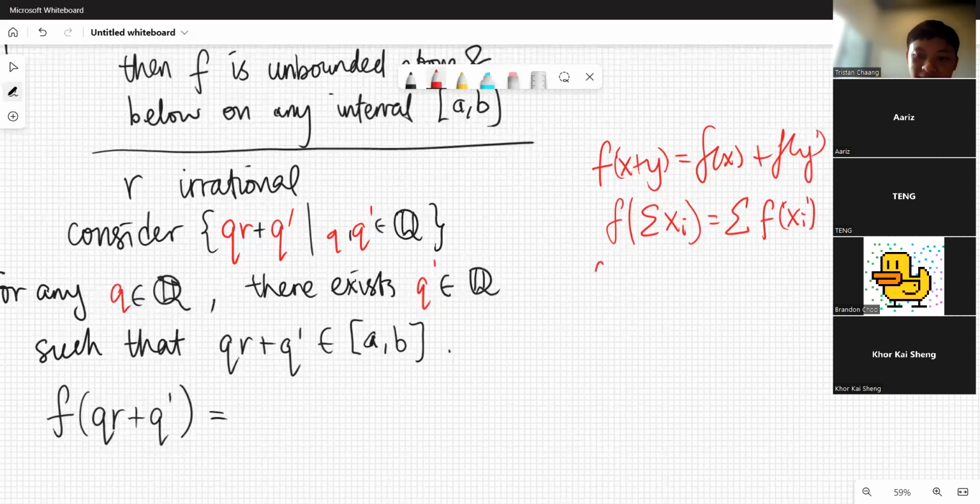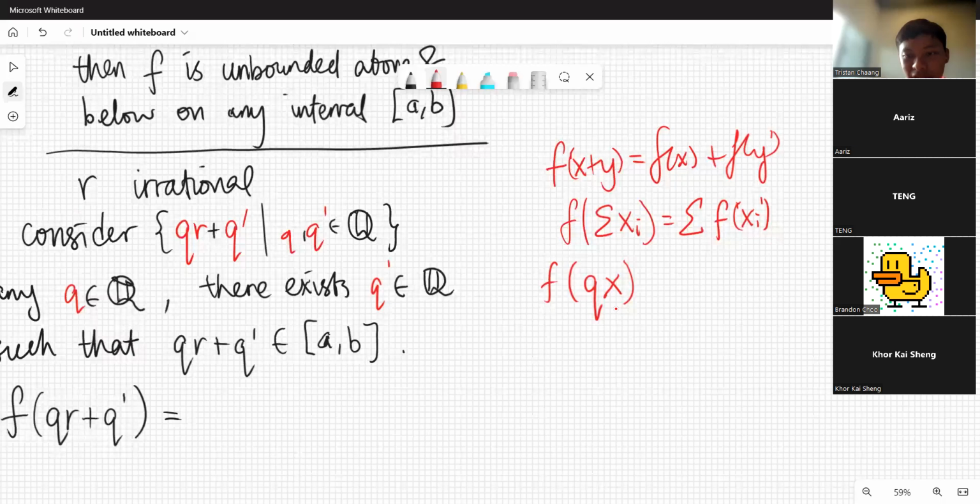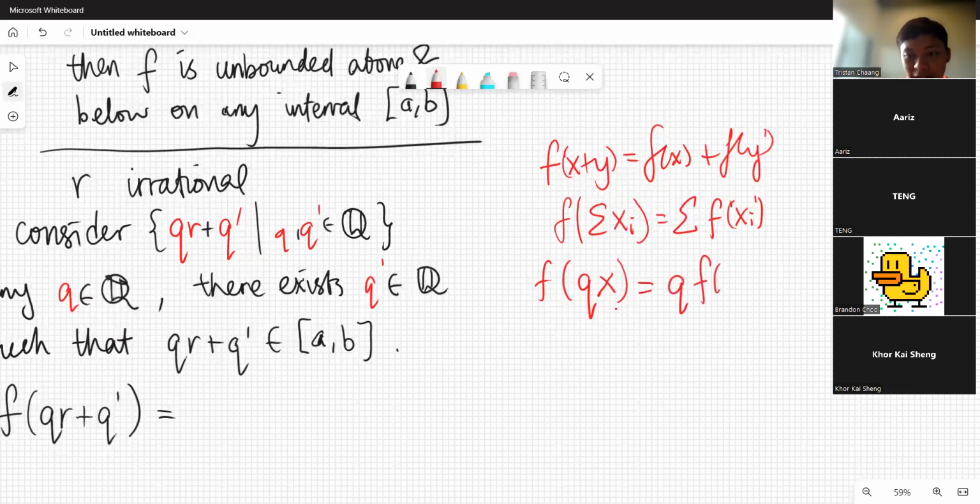So this actually means that we can take, let's say, a rational number times x, where x can be real. This should actually be q f(x), even though q is not an integer, it can be a rational number. Why? We can just do the same argument by multiplying by integers. So if we are multiplying x by a rational number, we can pull the rational number out of the function.